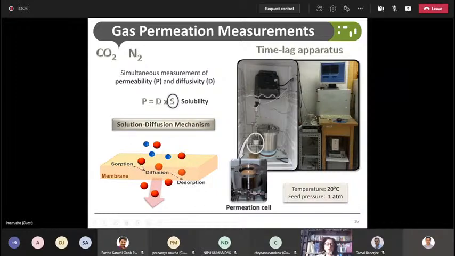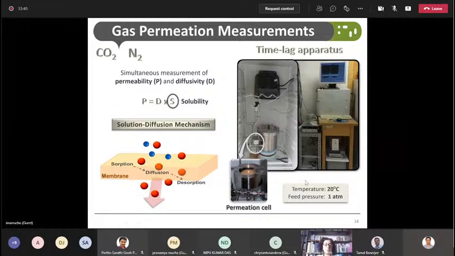This means that the sorption step, or the affinity of the ionic liquid for the gas, is very important, but the fast diffusion inside the membrane is also very important. So we would like to incorporate as much ionic liquid inside the membrane as we can so that we have a fast diffusion.